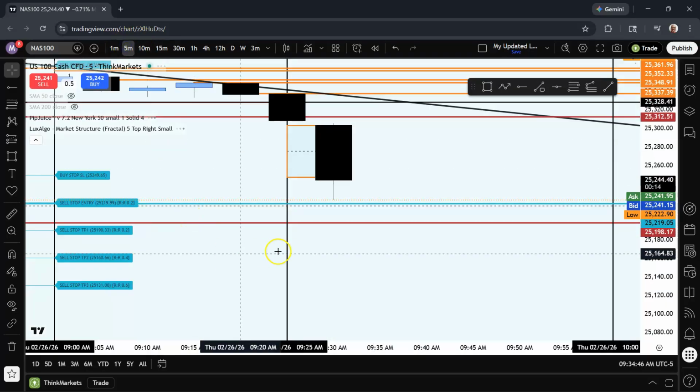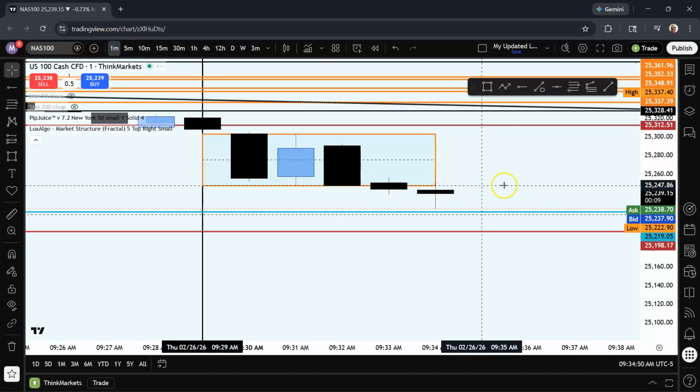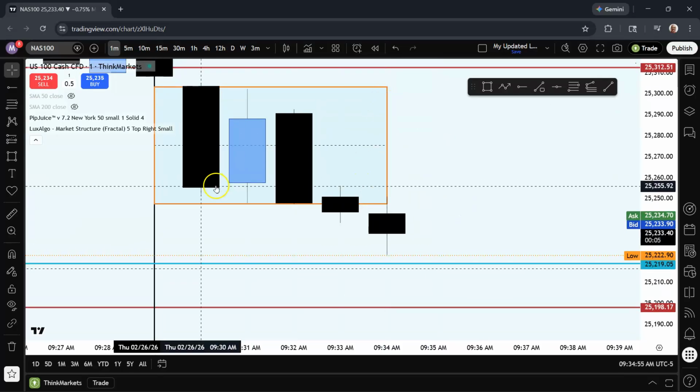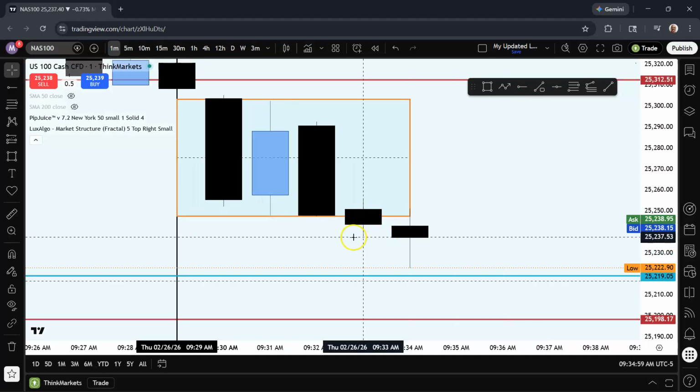But as you can see, it's retracing. It's going back. So it's out of the box, as you can see, that I created. So it's more like a breakout. Could be a breakout of the box.